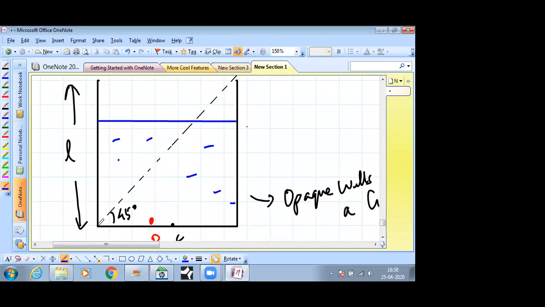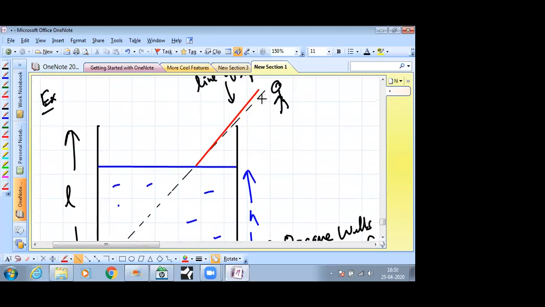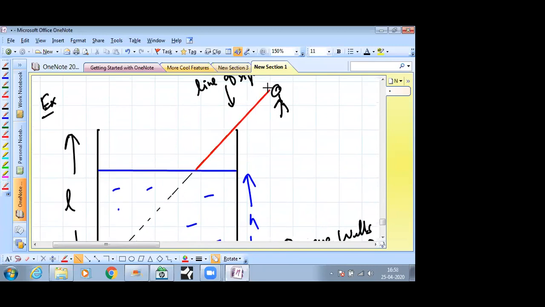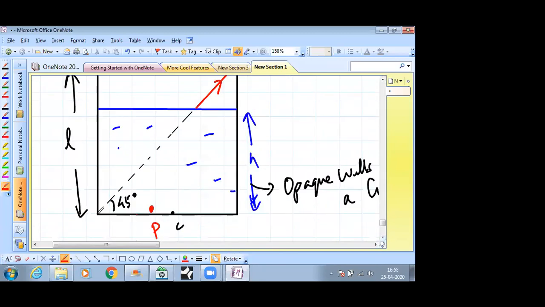So water level should be up here so that this refracted ray, which is coming along a line of sight, the limiting case, the one that is just about the last one you can see, is coming from this point.